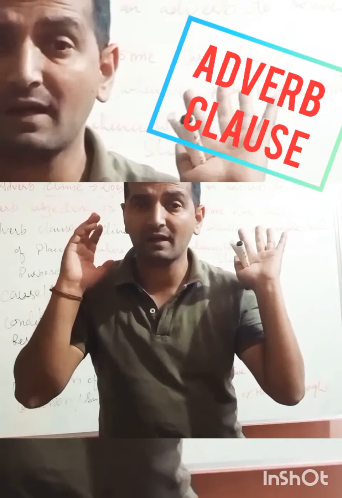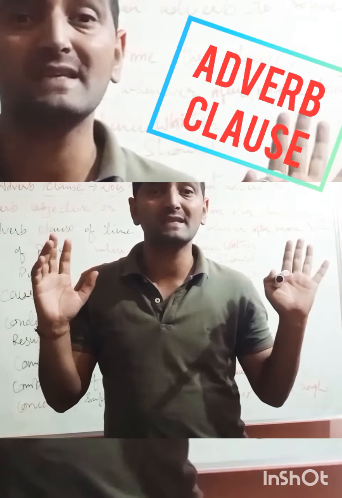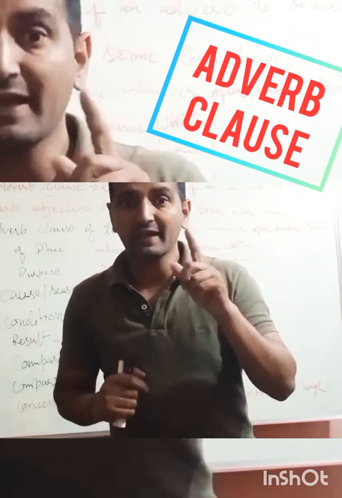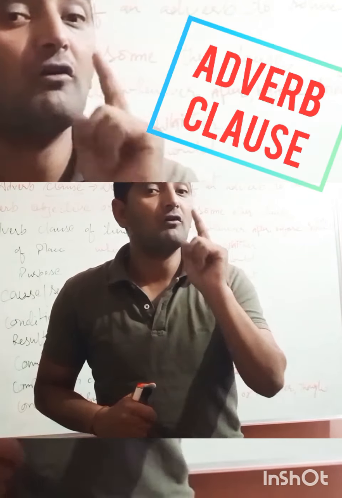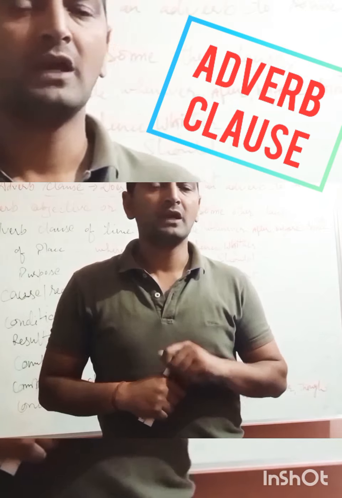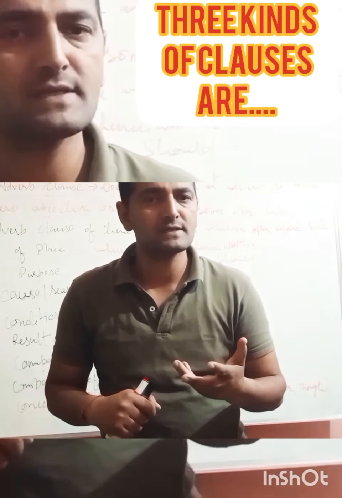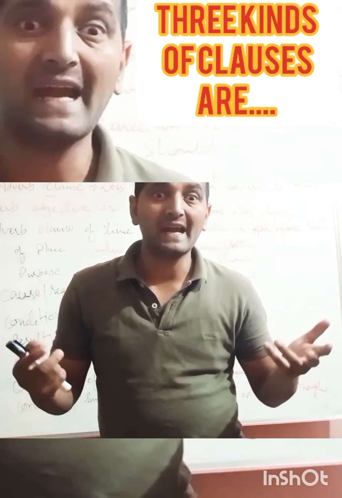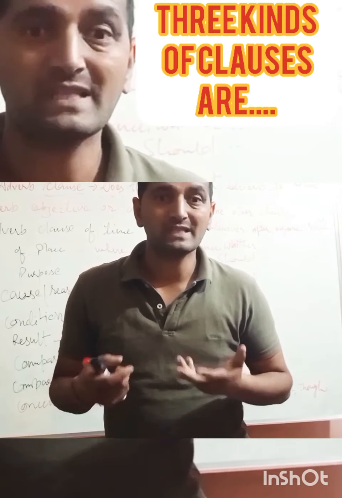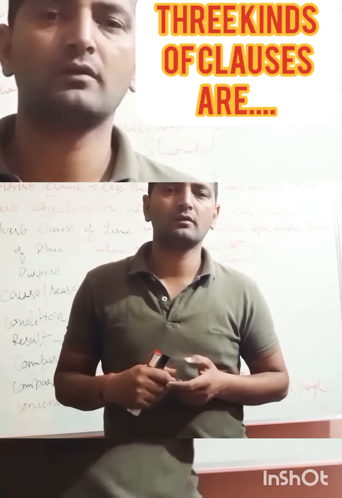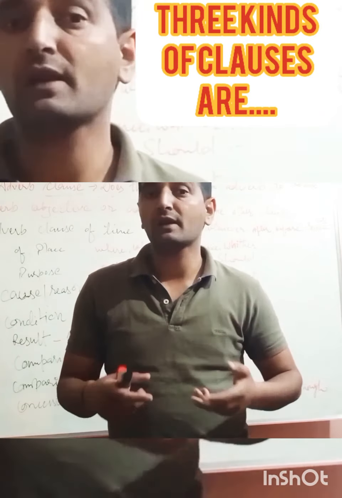First of all, we studied the clause. A clause is a group of words which becomes part of a sentence and contains a subject and a finite verb. It is further divided into parts. The independent clause can stand alone, gives its own meaning, and gives the complete idea of something. An independent clause is called a principal clause or main clause.